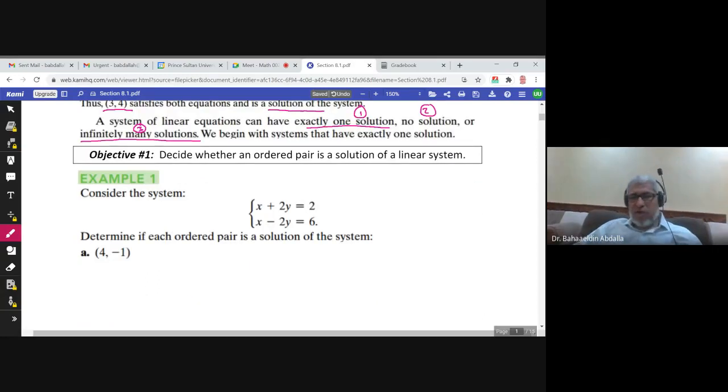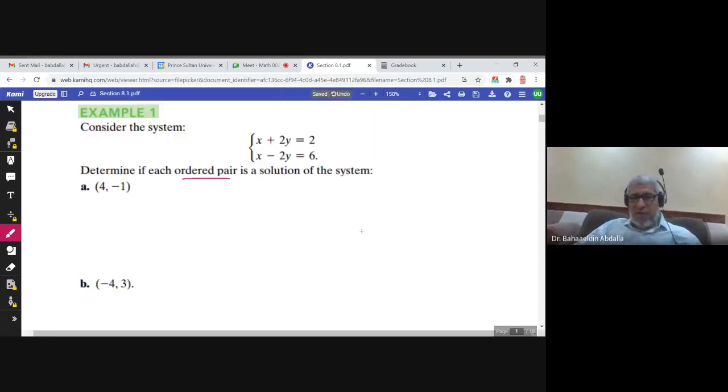The first objective is to decide whether an ordered pair is a solution of a linear system. He will give you the system, and the question would be: determine if each ordered pair is a solution of the system. So is 4 and -1 a solution of this system? Simply you replace x by 4 and y by -1 in the first equation.